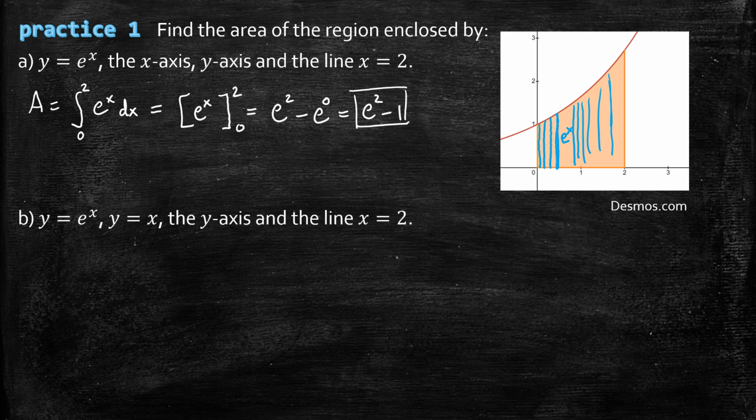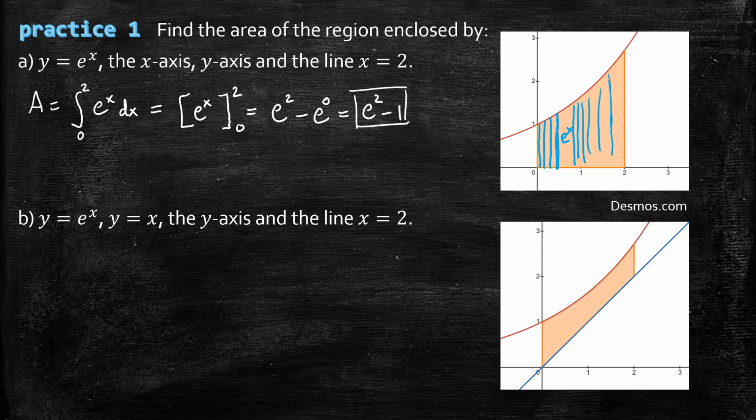So we're going to modify this slightly now. What if we suddenly introduce this scenario? Instead of going from e to the x all the way down to the x-axis, we're going to take out a chunk. We're going to take out this area here.